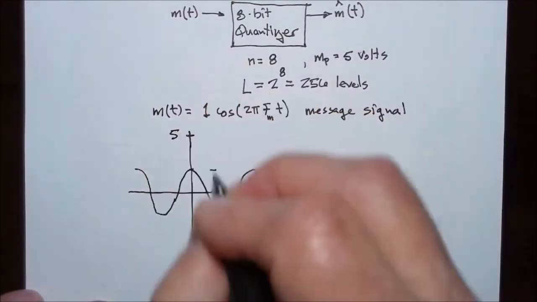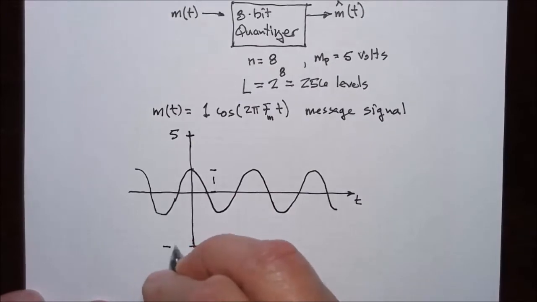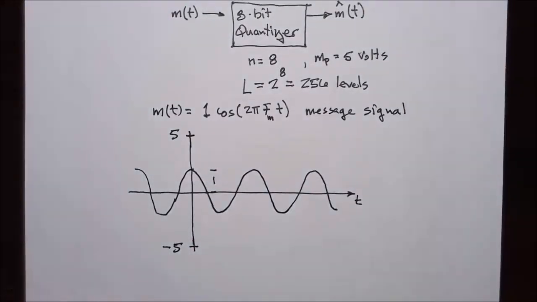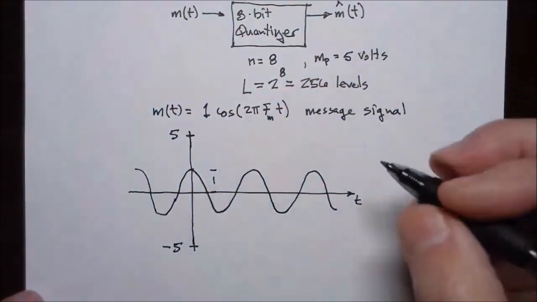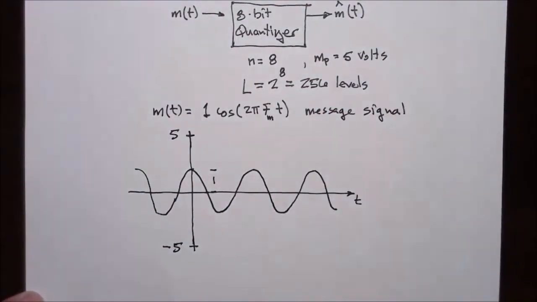So its peak range is between -5 and +5. And the message has a frequency of f sub m.